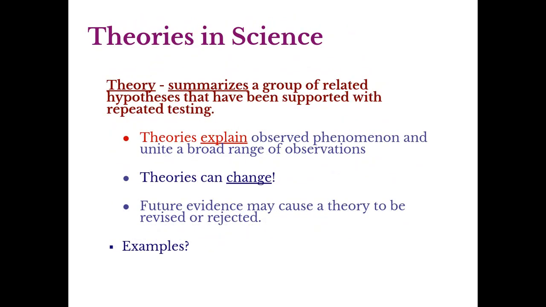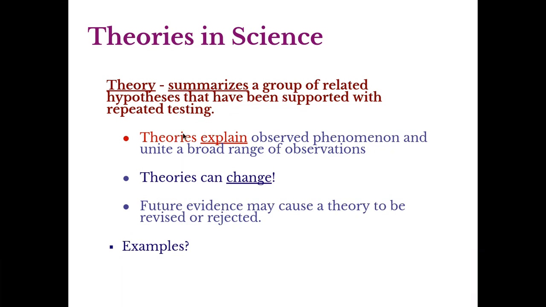So the last couple of things I want to talk to you about here are theories in science. So a theory, you guys, is a very powerful thing in science, and it is basically a summarization of a group of several related hypotheses that have been supported repeatedly with multiple testing. Theories are a way of explaining, and that's an important way to remember.